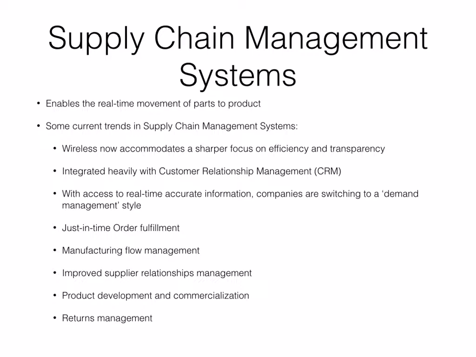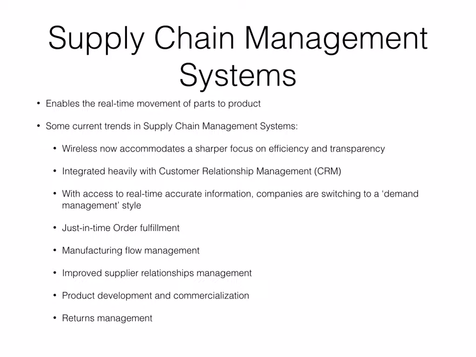It gives you access to real-time, accurate information, where customers are switching to more of a demand management style, where effectively you're able to fulfill the need for parts and services so quickly that when you have the demand, it can be responded to so fast that you can move from supply chain management to more of something like demand management. It's kind of crazy to think about. And that relates directly to this notion of just-in-time order fulfillment.